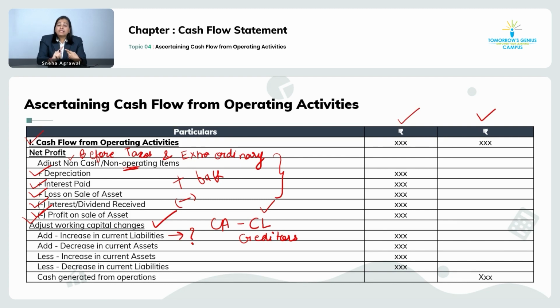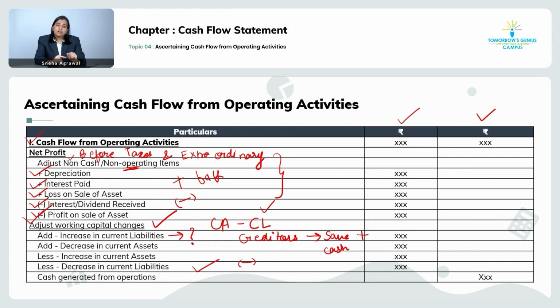So by purchasing the goods on credit basis, what will happen? I will get more time for repayment. Cash is with me, and inventory value is also going up. When you purchase the goods, it is nothing but the inventory. So if it is going up, this will save cash with me. Whenever there is an increase in current liability, I am going to add it, and whenever there is a decrease in current liability, I am going to deduct it.